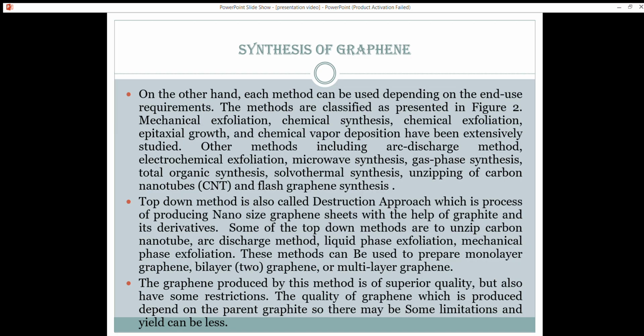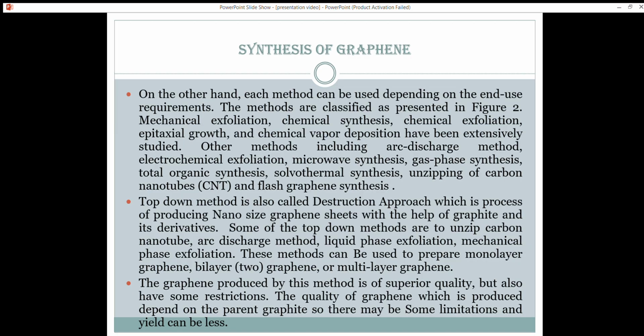These methods may be mechanical exfoliation, chemical synthesis, chemical exfoliation, epitaxial growth, and chemical vapor deposition, which have been extensively studied. Other methods include arc discharge method, electrochemical exfoliation, microwave synthesis, gas-phase synthesis, total organic synthesis, solvothermal synthesis, unzipping of carbon nanotubes, and flash graphene synthesis.